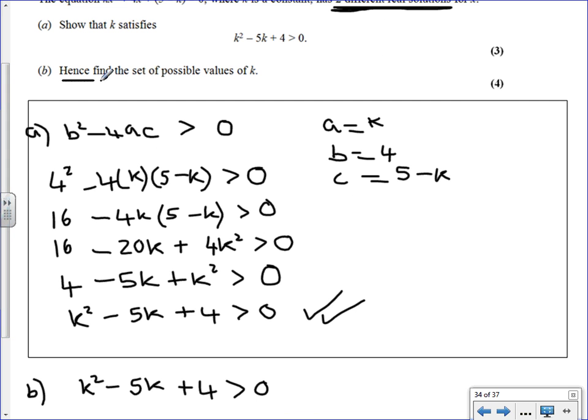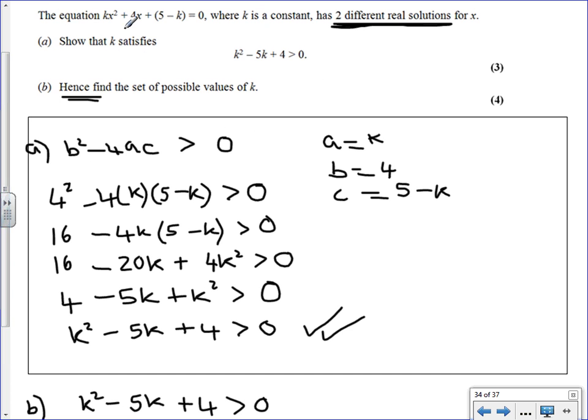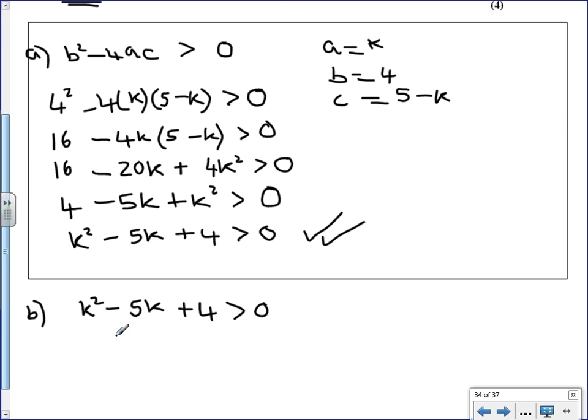If you ever see the word hence, you're usually using a link, or you're following on from part A. So you're using something that you've already simplified or worked out in part A. So rather than using all this, we've simplified it to k squared minus 5k plus 4 is greater than 0. So we're using that from part A.